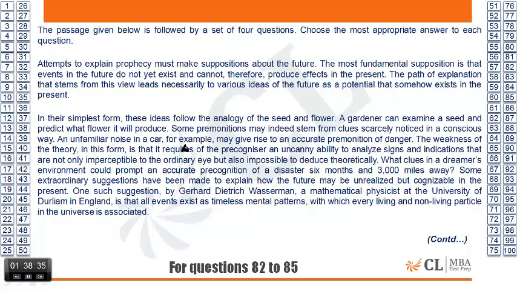What clues in the dreamer's environment could prompt an accurate precognition of a disaster 6 months and 3,000 miles away? Some extraordinary suggestions have been made to explain how the future may be unrealized but cognizable in the present. One such suggestion, by a mathematical physicist at a university in England, is that all events exist as timeless mental patterns with which every living being and non-living particle in the universe are associated.